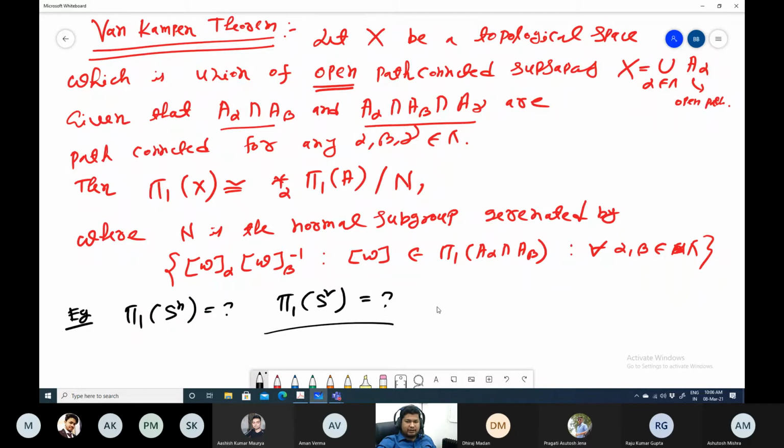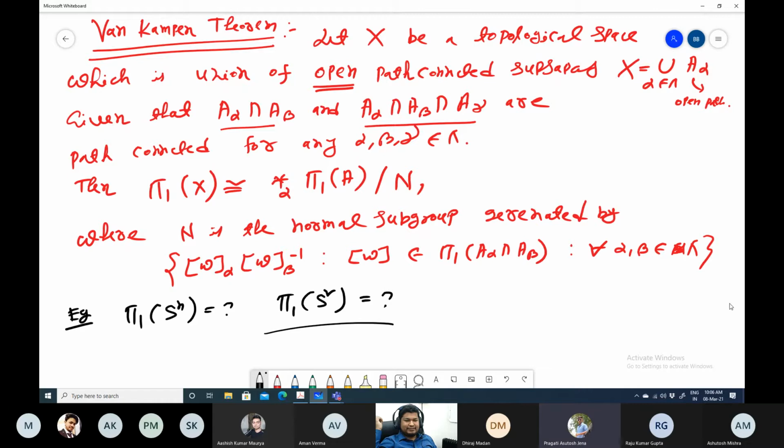You should understand. So what do we need? We just need to take that S2 as a union of open path connected topological spaces. So what kind of topological space can we take? Two halves of the sphere, upper half and lower half. Right, but is that the open upper half or the closed upper half?